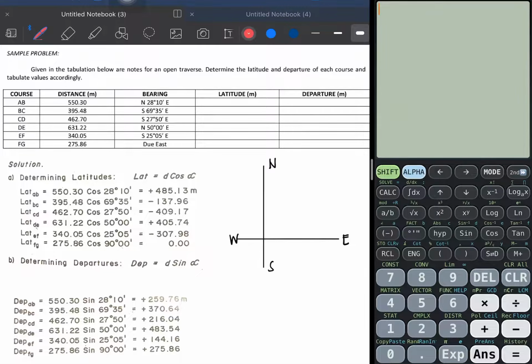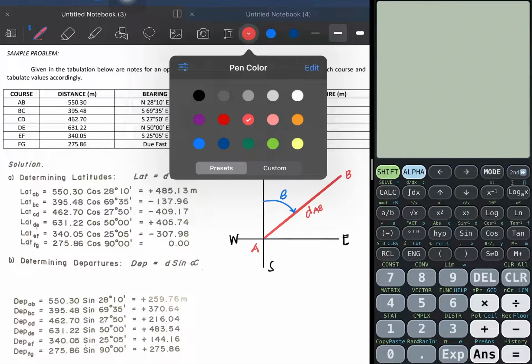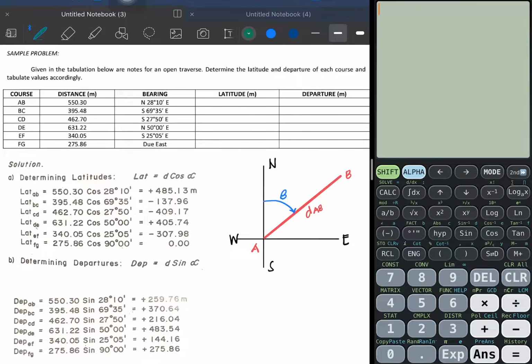For example, you have a line, line AB. So you have a bearing or angle, let's have this as the bearing, and also a distance.